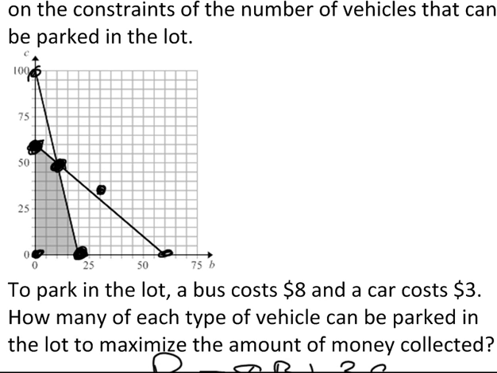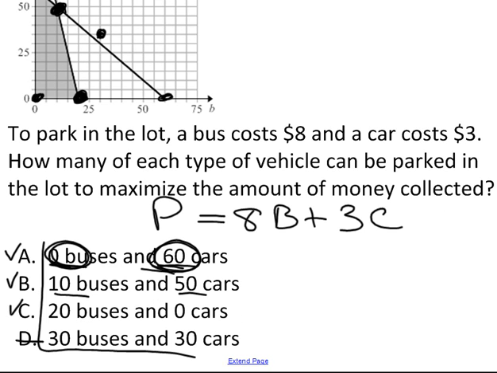There you go. That's the point that you're not going to even try because it is not one of the points that is a vertex. Okay, so don't even bother plugging those into your objective function. So just cross that one out. So you can try (0, 60), you can try (10, 50), you can try (20, 0), but don't try (30, 30). Okay, it's not going to work.